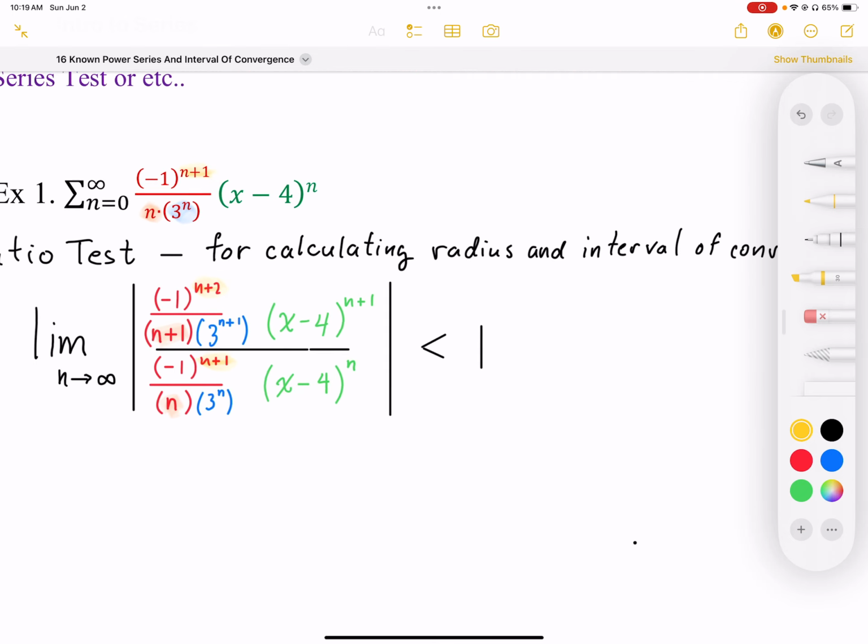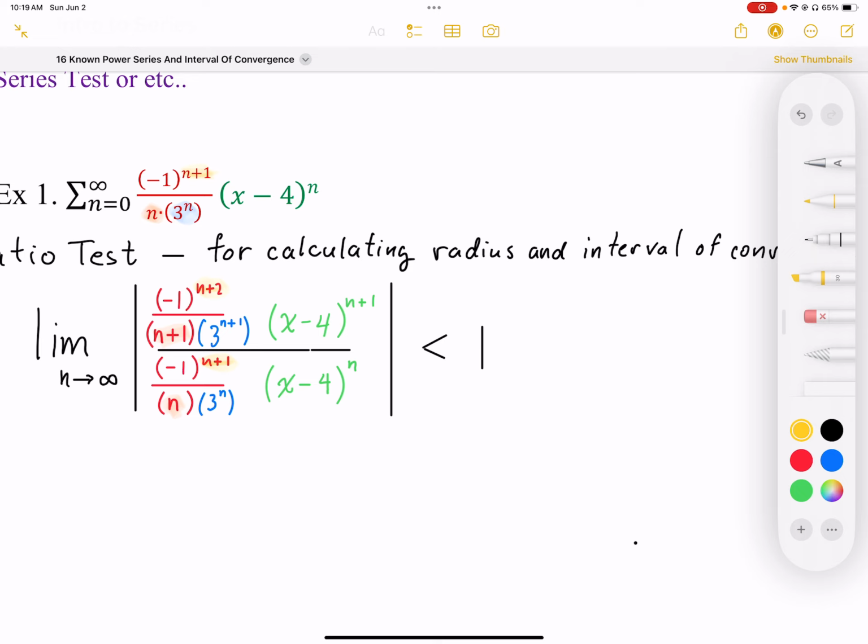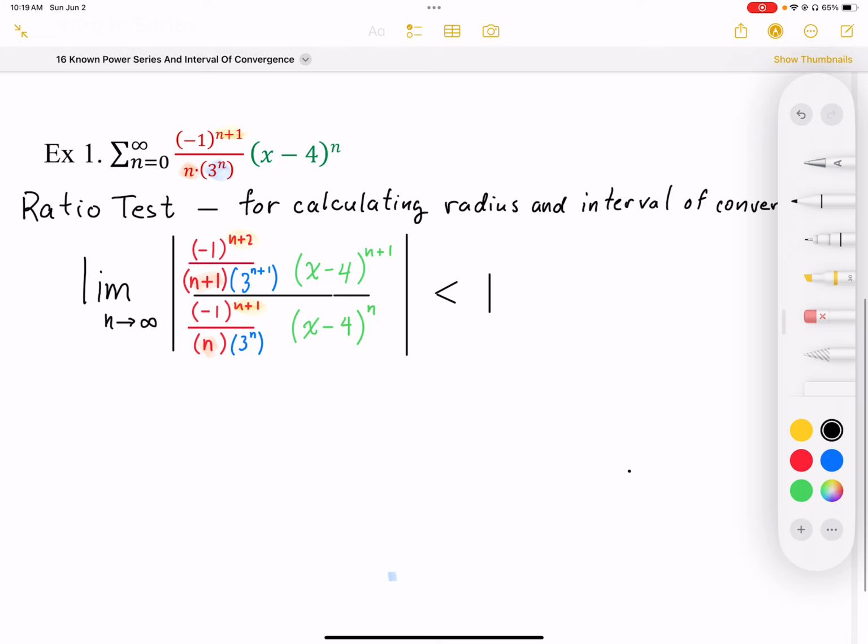So I've set up the ratio here. So I have n plus 1 in the numerator, and I have n in the denominator. So I have all those parts there like that. And I'm going to start grouping these parts to do the limit. So we have the limit as n approaches infinity of the 1 over n part.